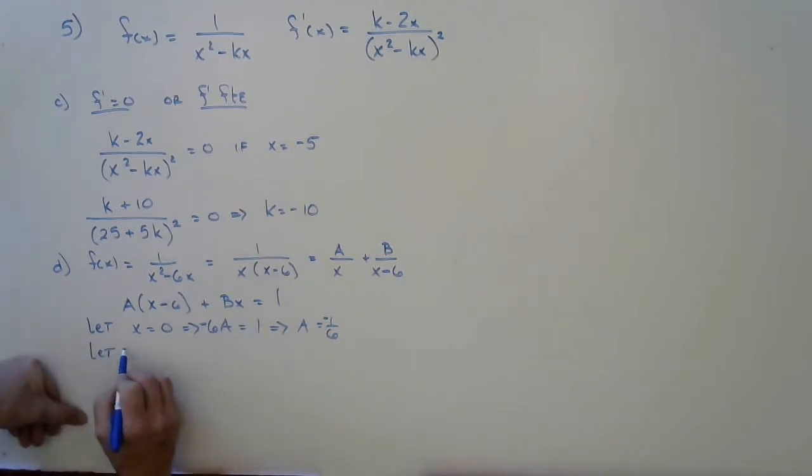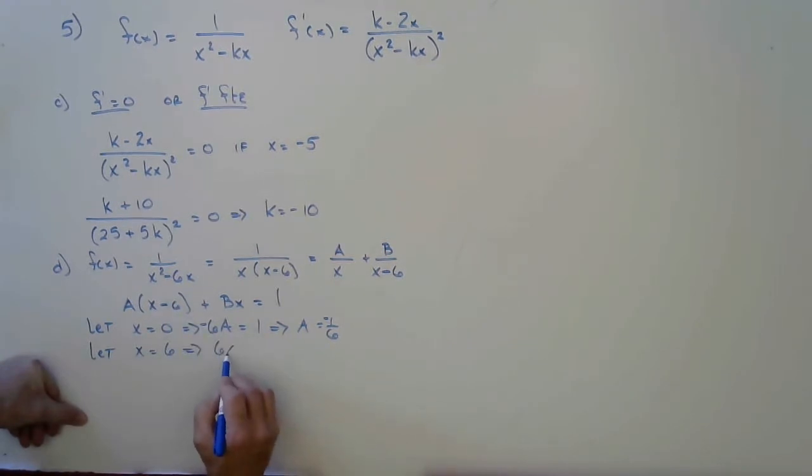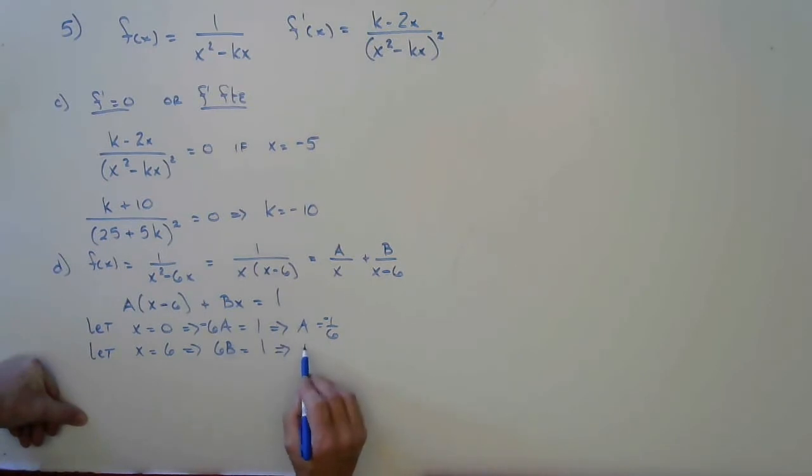We're going to let x equal 6, aren't we? And that's going to cause this term to go away, and we're going to get 6b equals 1, and that gets us b equals 1/6.